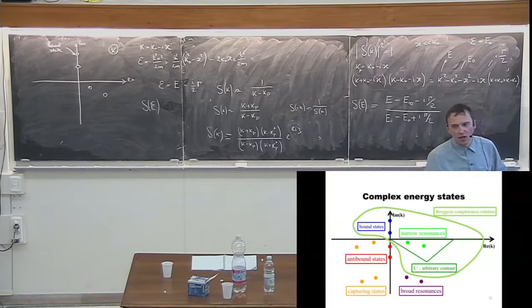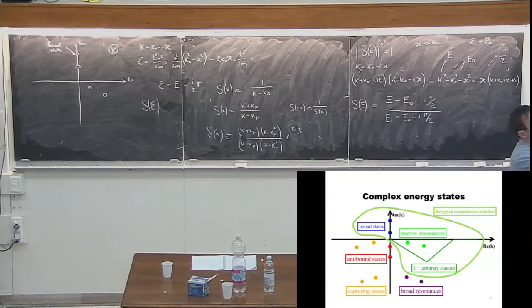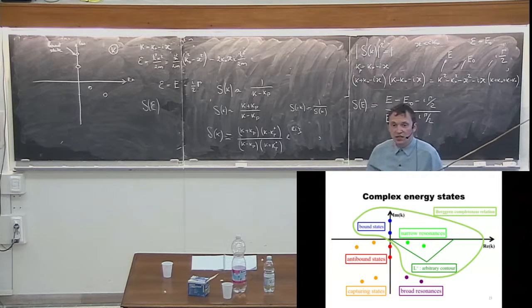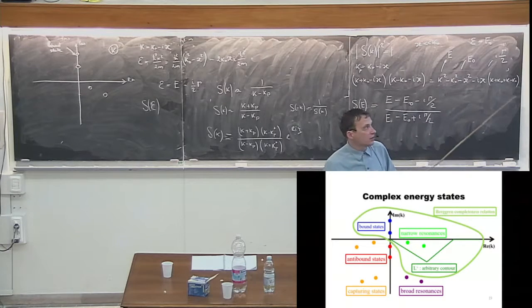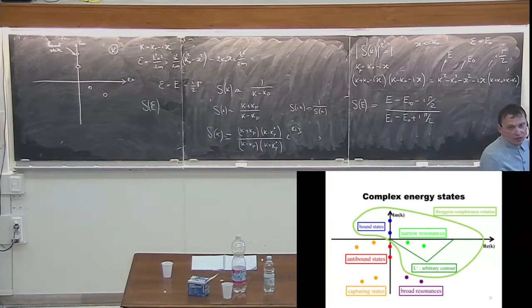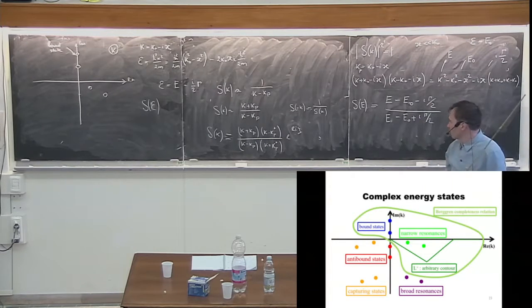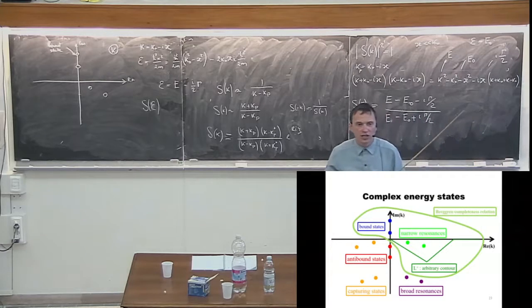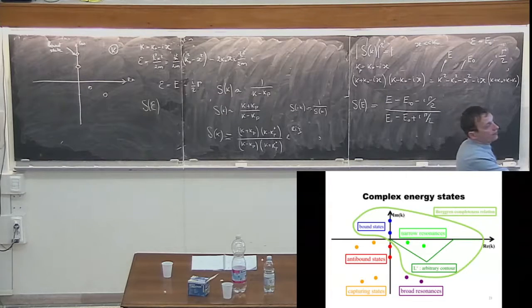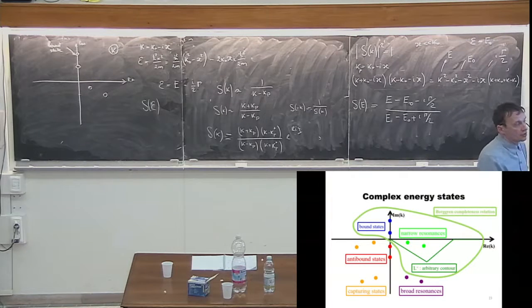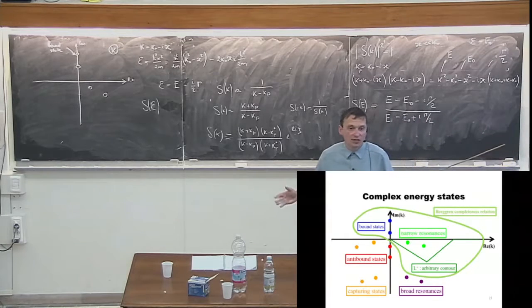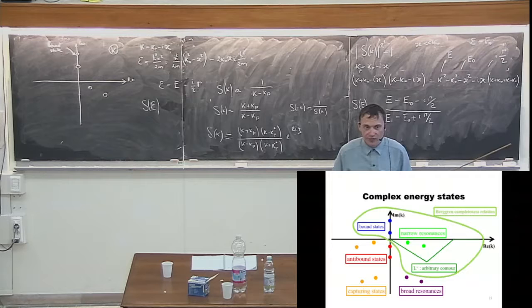Of course, states very close to the real axis are the most interesting case. If gamma is small, then the states are close to the real axis, and they are narrow resonances, because the exponential decay of the wave function would be very slow. Now you can have very big gammas, and then these are broad resonances. These states decay so fast that you don't see anything.